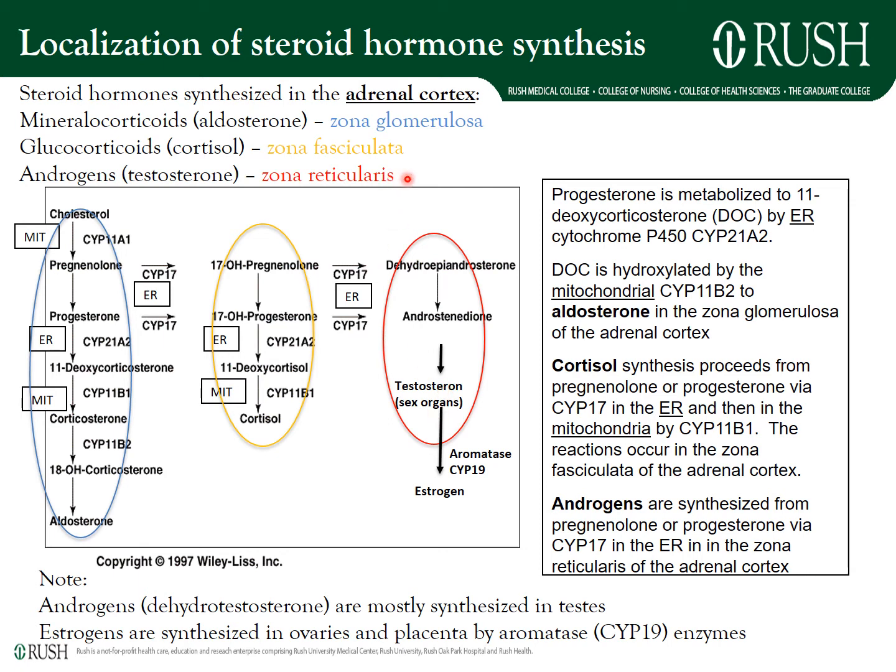the zona reticularis. These hormones are then released, carried in the blood by specific carrier proteins, and delivered to the target cells. So let's focus just for a second. This is what we talked about. This is CYP11A1 in the mitochondrion of the cells in the zona glomerulosa that produce pregnenolone.